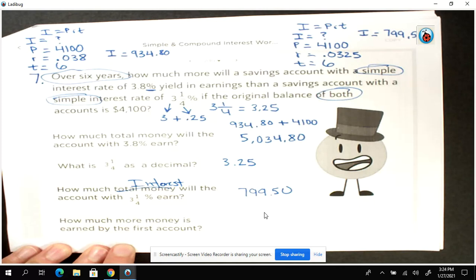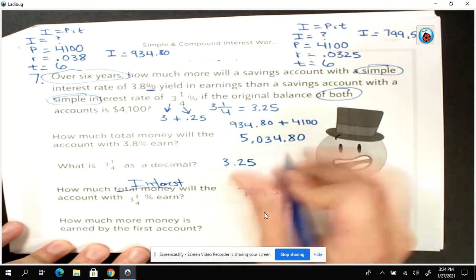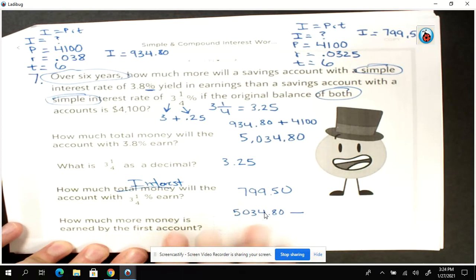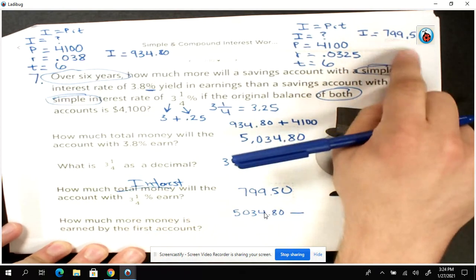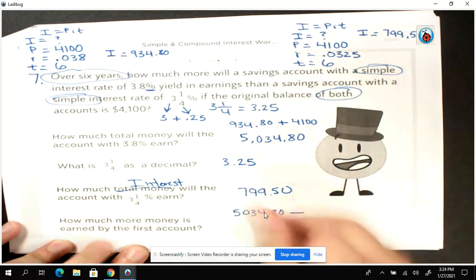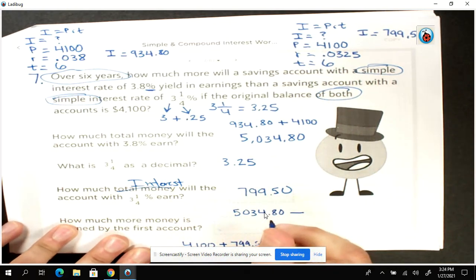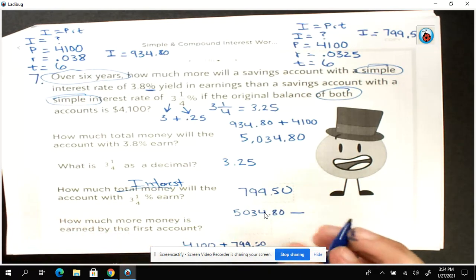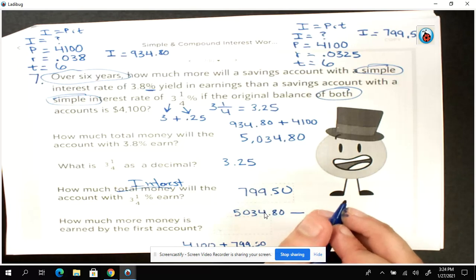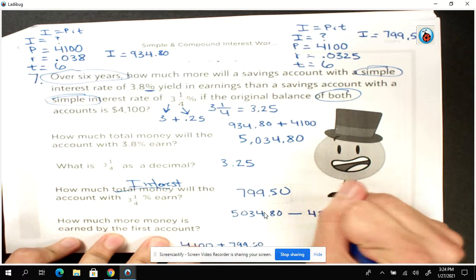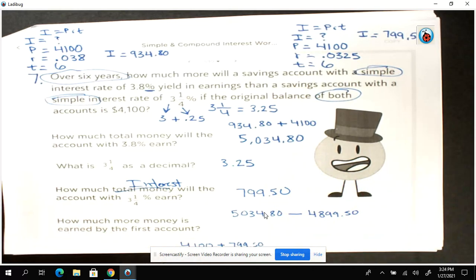How much more money is earned by the first account? So what you do is you take the total of the first one and subtract the total of the second one. The second one is going to be 4,100 plus 799.50, which is 4,899.50.